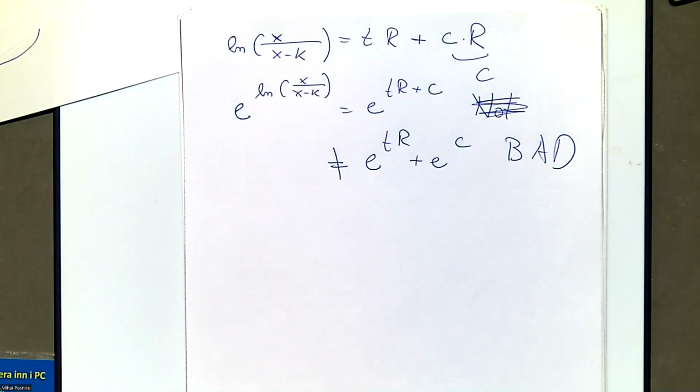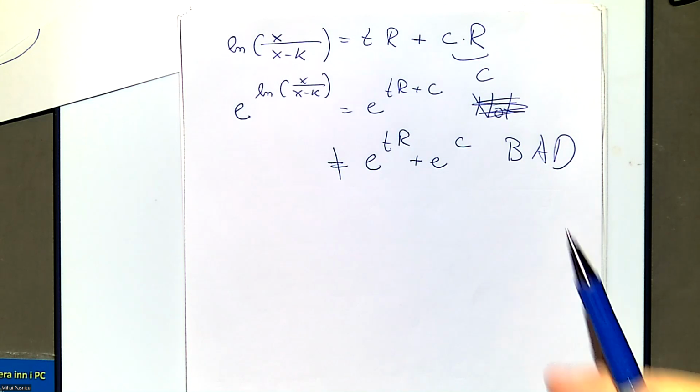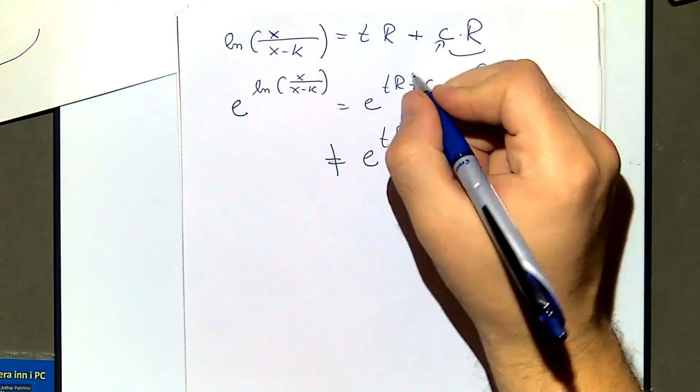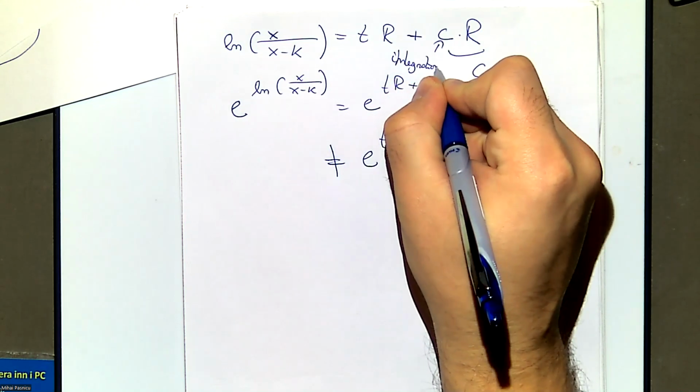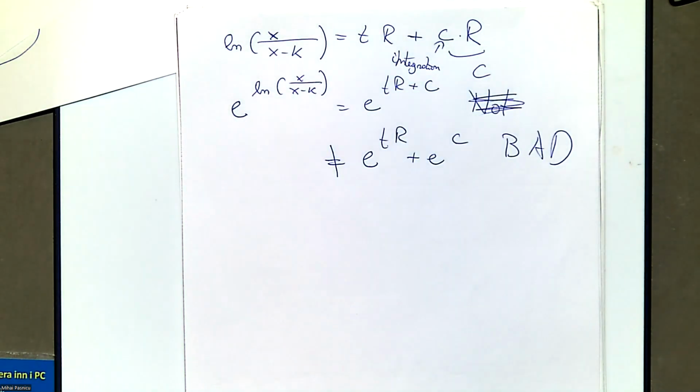Yeah. So the problem tells me that r and k are constants. So if I multiply the c, the constant I got from integration, with any other constant, I can just write c.